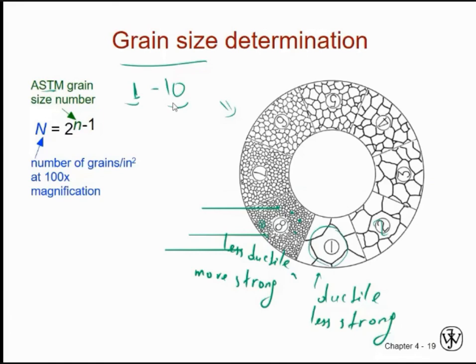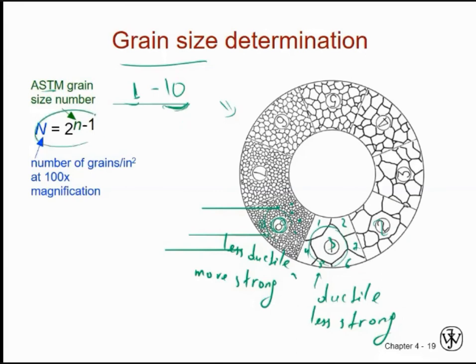I have more number of grains, but sizes are smaller. If you see here, when grain size is 1, how many grains can you count? 1, 2, 3, 4, 5, 6, 7, and so on. These are large grains, but 7 in total. But here at 8, I have maybe thousands of grains, but each one is smaller. That's why when grain size number goes higher, that means grain size goes smaller.